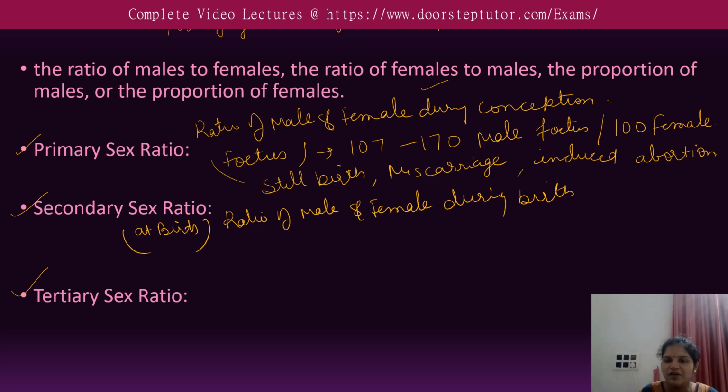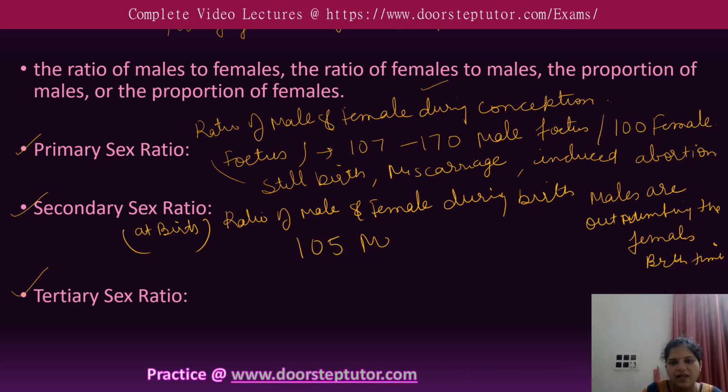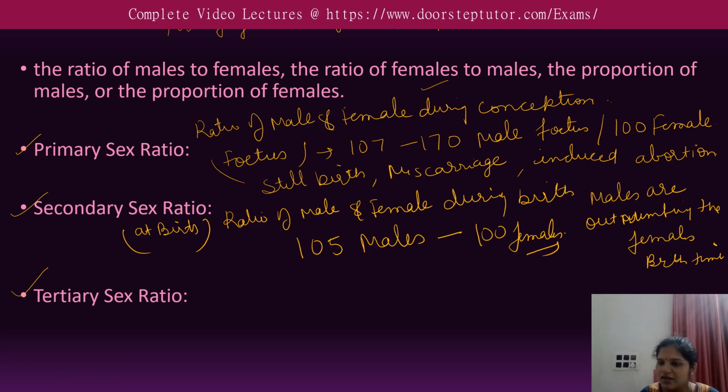Due to the natural balance law, it is a fact that males outnumber females during birth time. Generally 105 males are born for every 100 females, again as per the natural law.